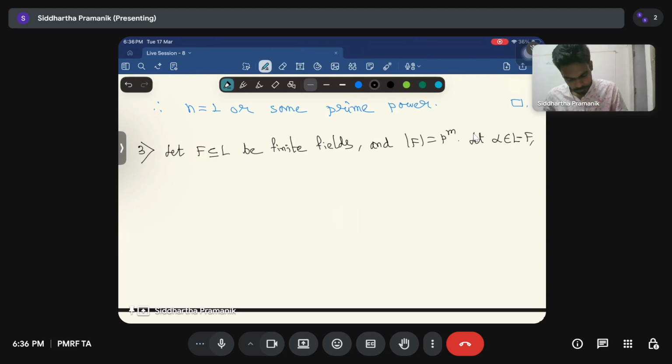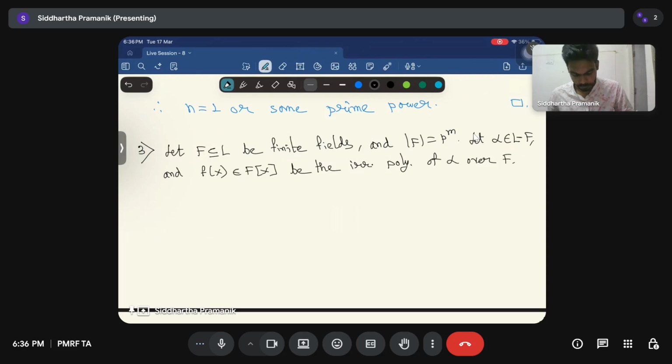and let f(x), which belongs to this polynomial ring, be the irreducible polynomial of alpha over F. Now suppose the degree of f is k. Okay, not k. K is a bad choice. So let's say it is n.